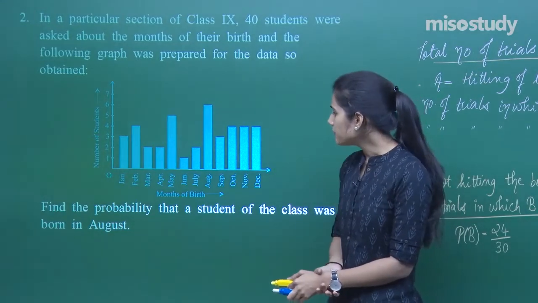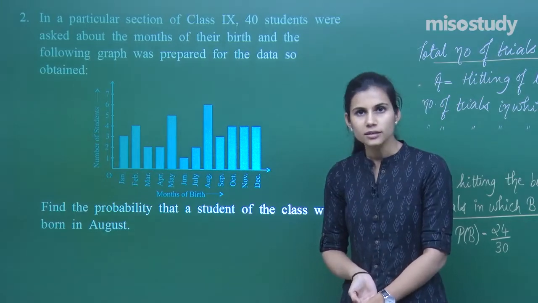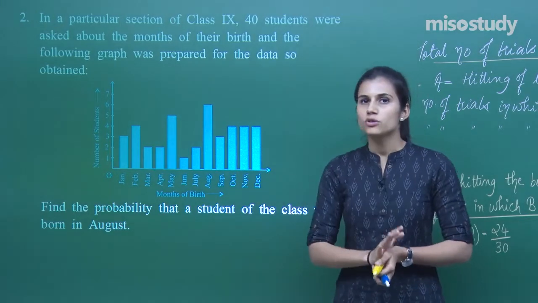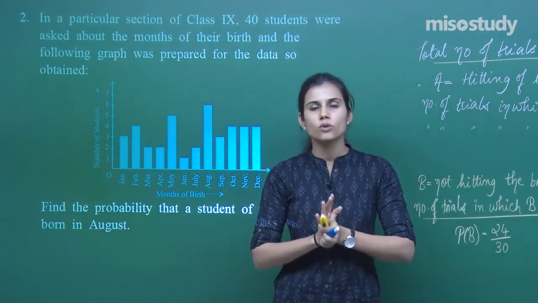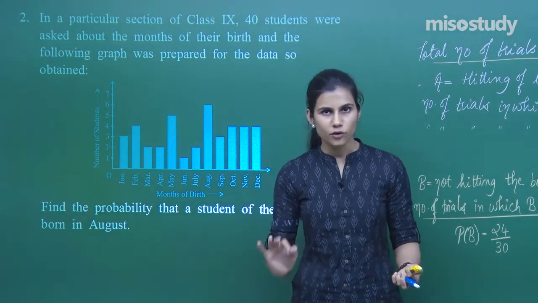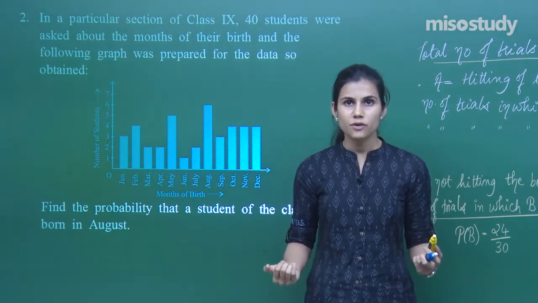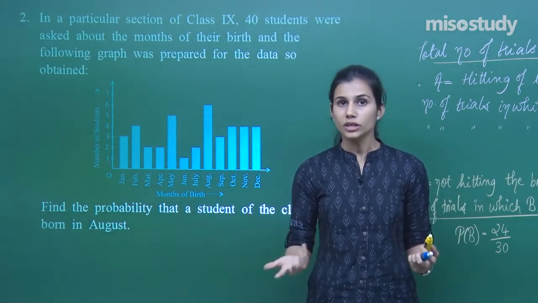The question is, find the probability that a student of the class was born in August. Clear? Now, there are 40 students, so total number of trials with me are 40, right? That means the total number of students about whom I am collecting information about the months in which they were born are 40.